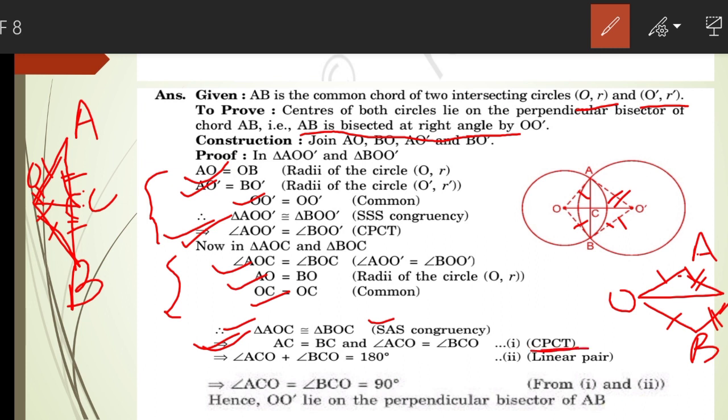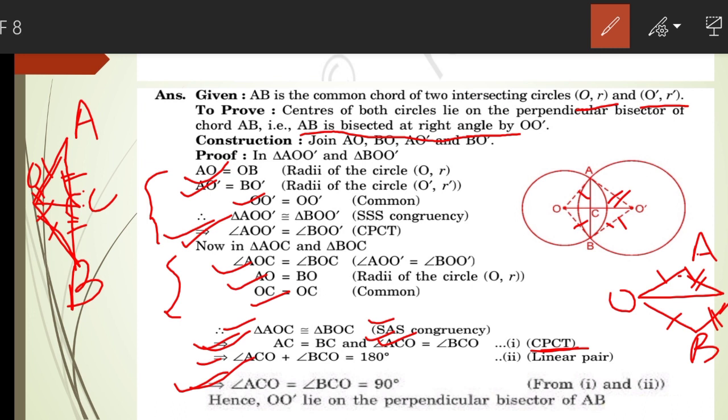Now, since the point C lies on a straight line AB, we can say by linear pair that angle ACO plus angle BCO equals 180 degrees. Substitute any one of them using the CPCT that we have in equation 1. We will get angle ACO equals angle BCO equals 90.